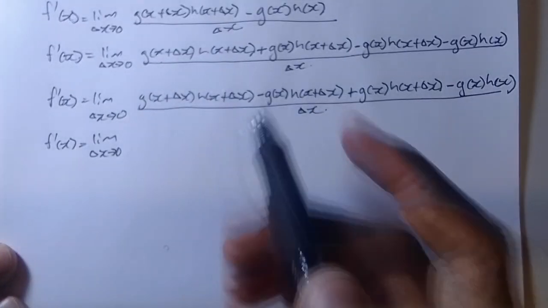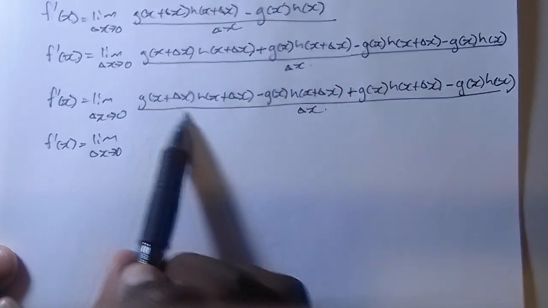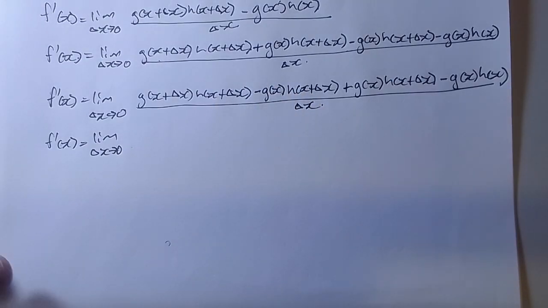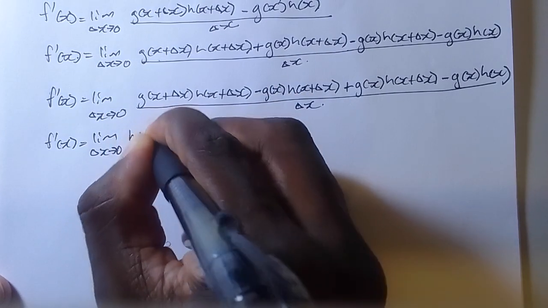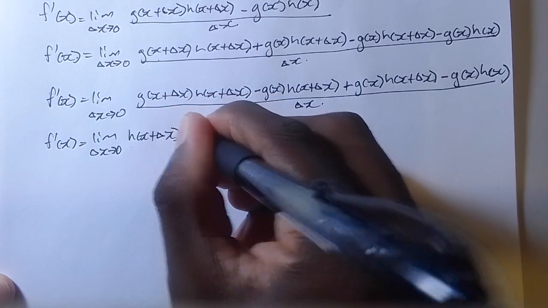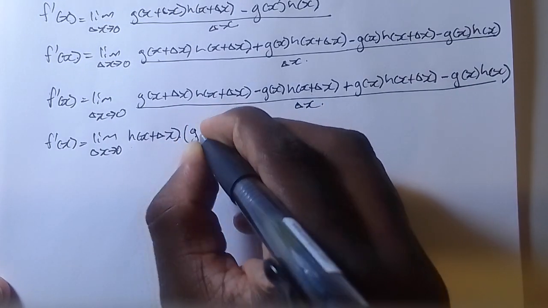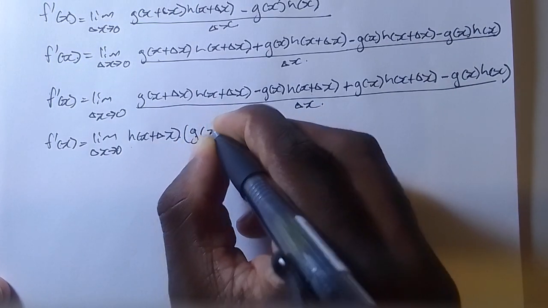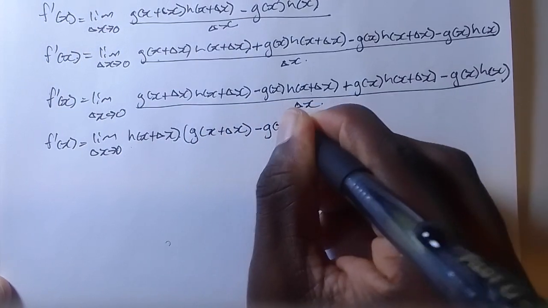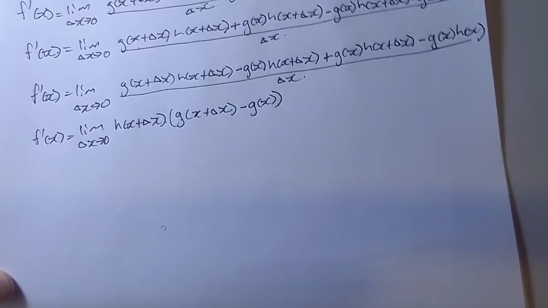Now, when we come to this part, we take out h of x plus delta x as a common factor. This will be very, very interesting. I'm sorry I have to emphasize it, though it's very interesting. If you take out h of x plus delta x as a common factor, you will have in brackets g of x plus delta x minus g of x, right?